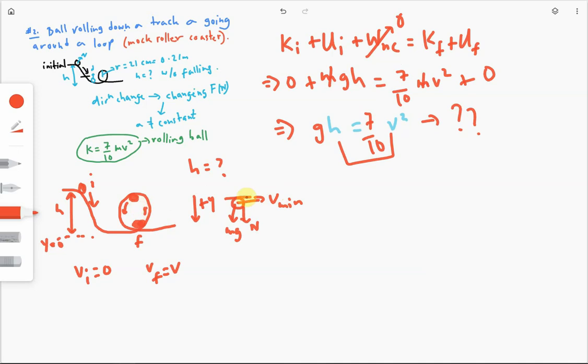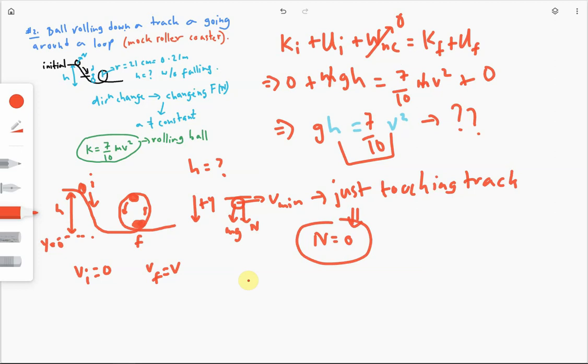At minimum speed it is just hanging on or just touching the track. Just touching the track implies that the normal force is zero at that point. So we know for certainty that the normal force at that point is zero.